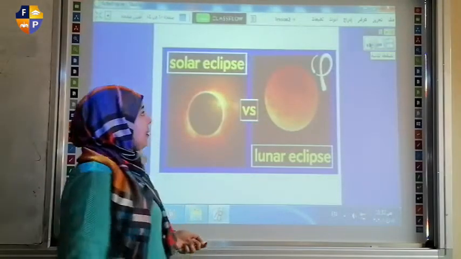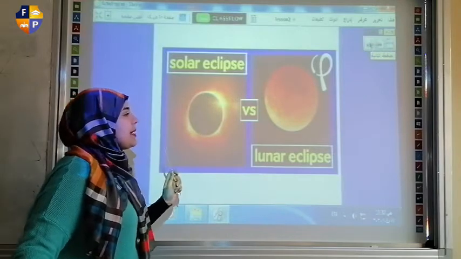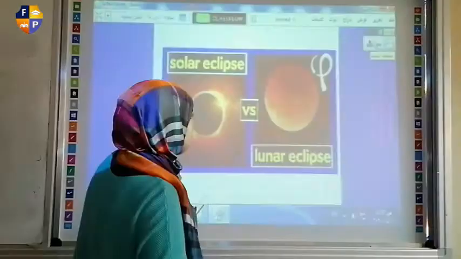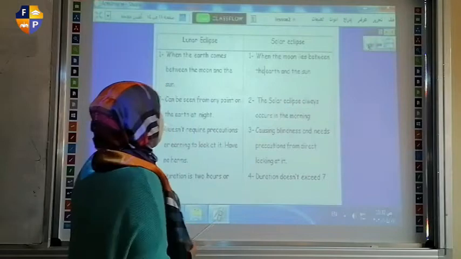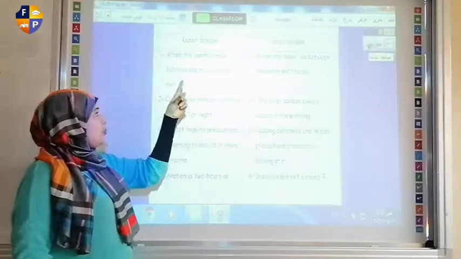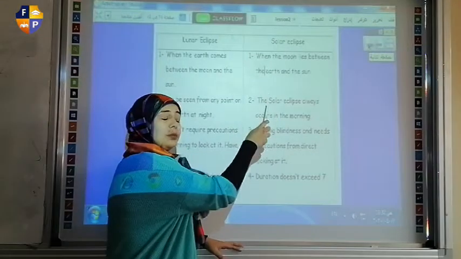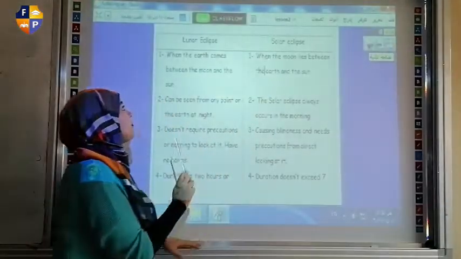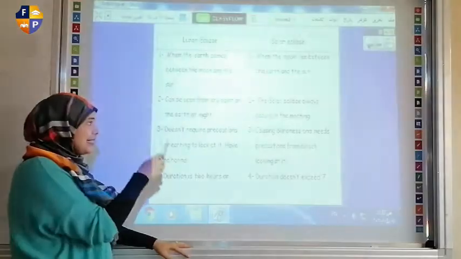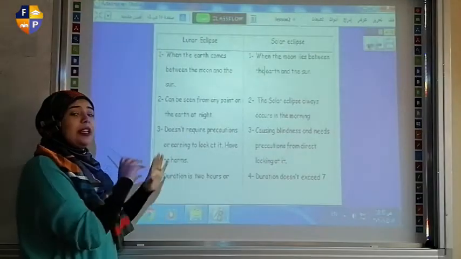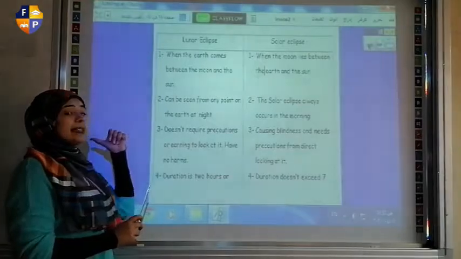Okay. By making a comparison between solar eclipse and lunar eclipse, we will find that in lunar eclipse, the Earth is between sun and moon. But in solar eclipse, the moon is between sun and Earth. In lunar eclipse, we can see the eclipse from any point on Earth but at night.